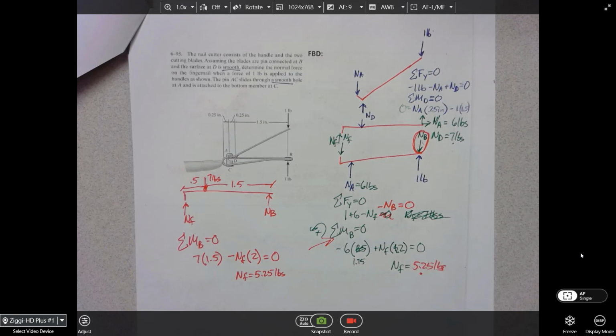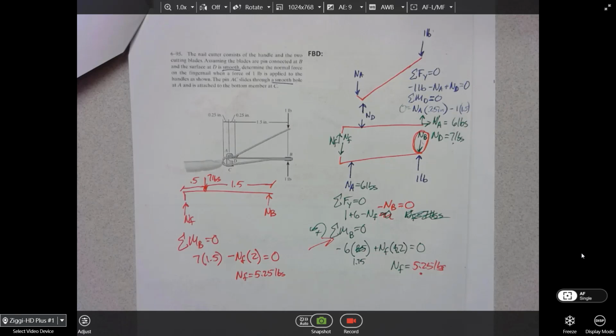Okay, so I neglected to put my normal at B on here, which I needed to do, and that allowed me to jump to a conclusion that was not good, because when I summed the forces in the Y, I just put in the normal of the finger, when in actuality I also had the normal at B equals 0. This would have led me to correctly write the sum of the moments about B to figure out what the normal of the finger is.